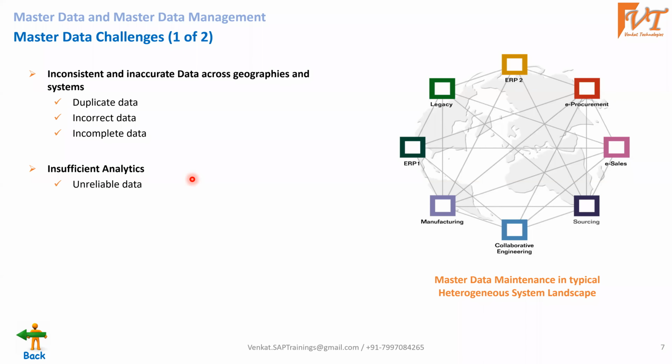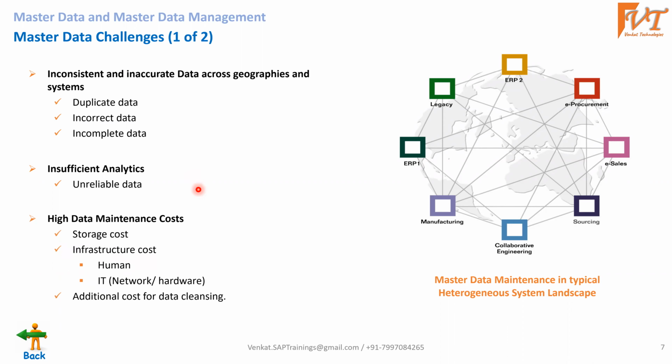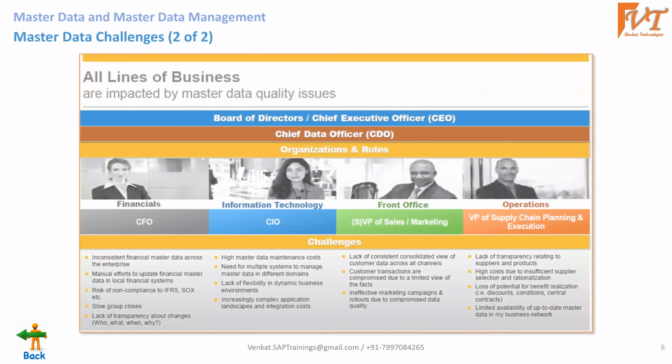In some site, it's mentioned as i7 third generation processor. That kind of data is considered as unreliable data. And maintenance cost. So the storage and infrastructure, all these data cleansing cost, everything is considered as the high maintenance cost. So these are a few of the key challenges faced by master data in any organization.